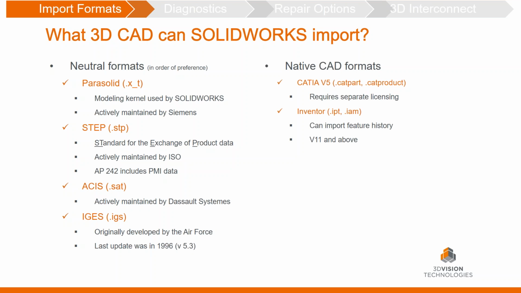Everything else will read in with just a standard or above license. Inventor parts and assemblies, version 11 and above, and you have an option to recreate or import the feature history here. Pro-E and Creo parts and assemblies, same thing here. We have an option to import feature history in addition to just importing the geometry, and we can handle up to version 3.0.